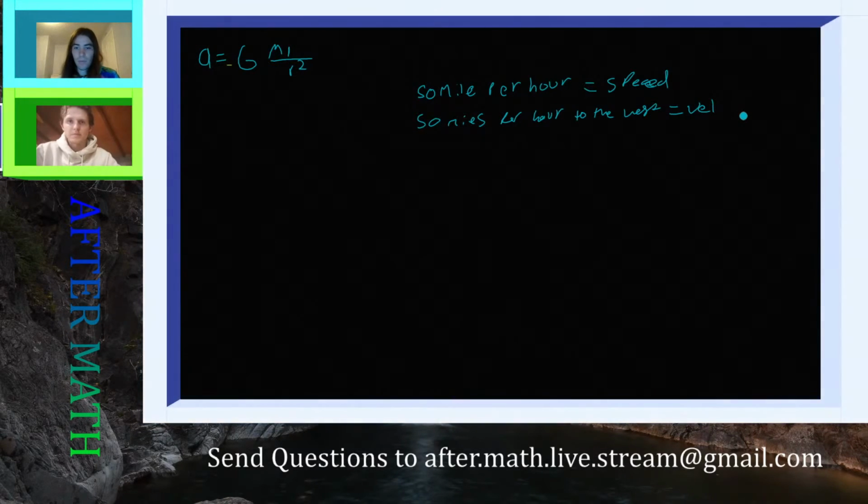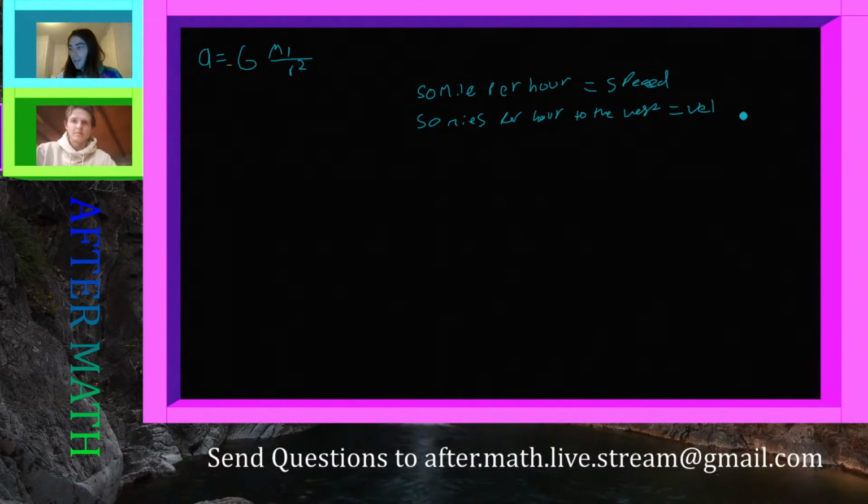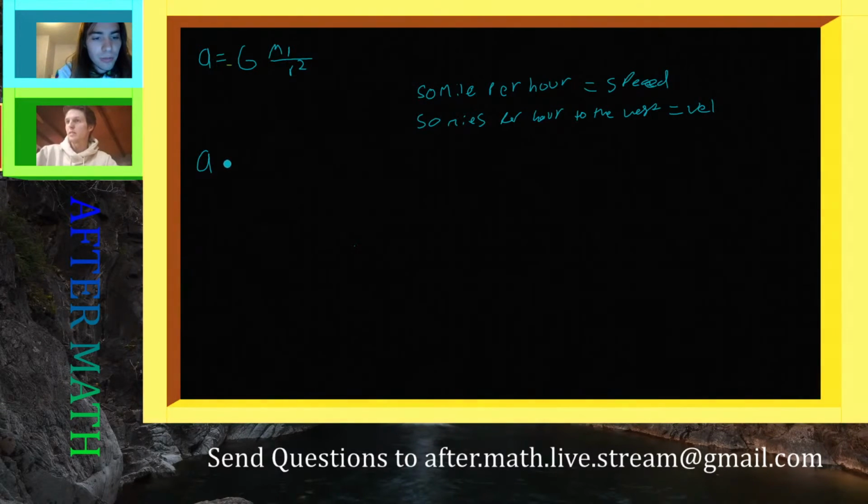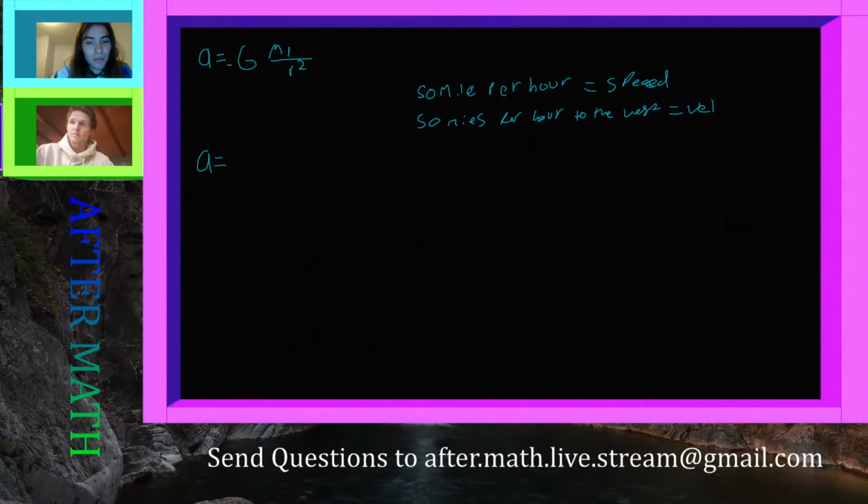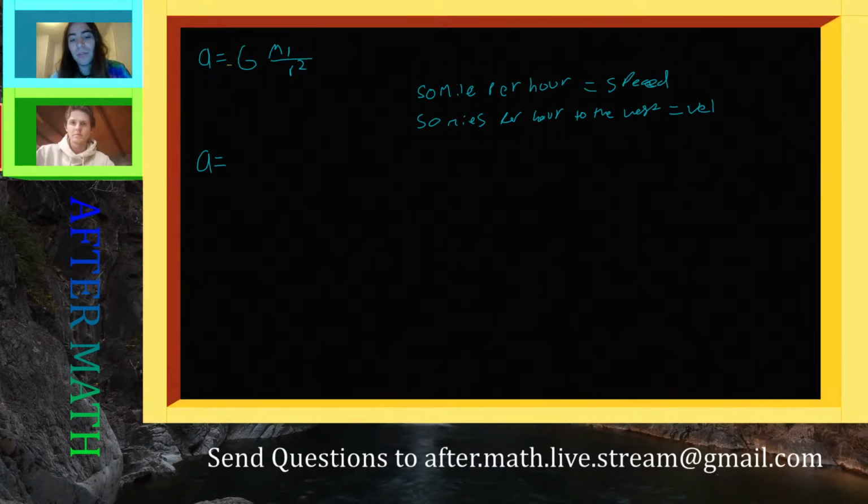Exactly. So if we come back to our equation here, we need to be able to associate our acceleration, but now we're changing our velocity. So we need to have our acceleration somehow be related to our velocity.